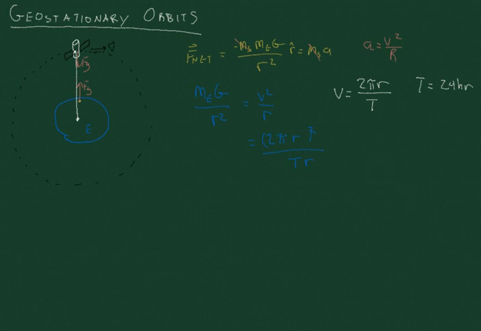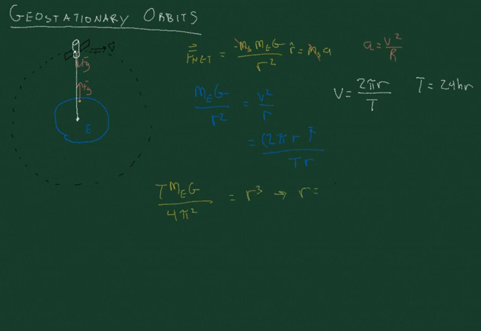And so then multiplying by r squared and dividing by 4 pi squared, we have the mass of the Earth times G, and multiplying by T squared, divided by 4 pi squared is equal to r cubed.